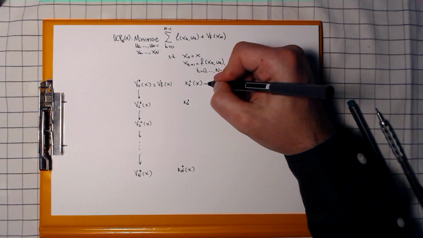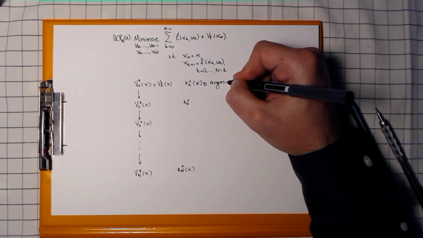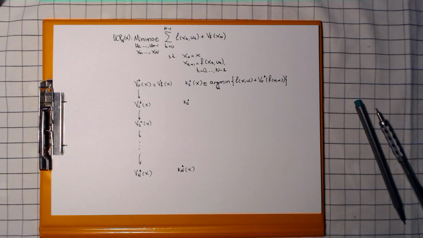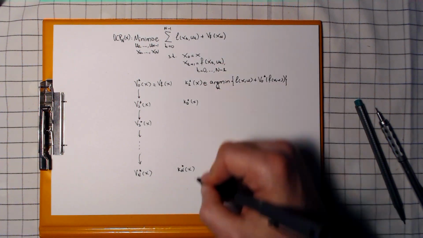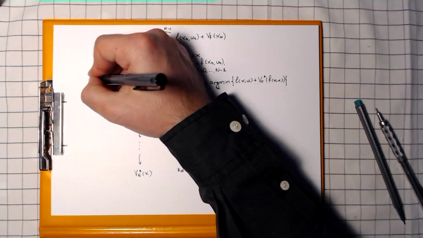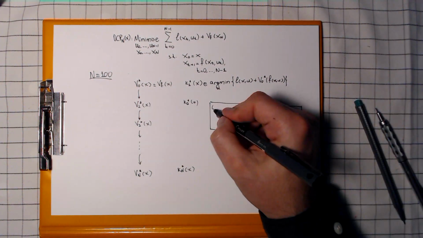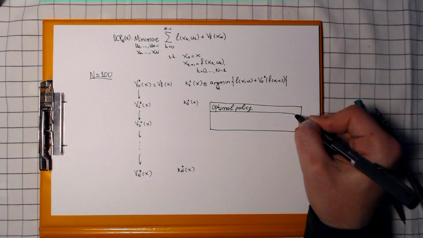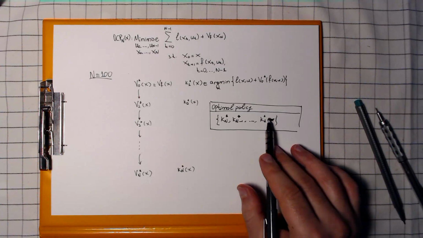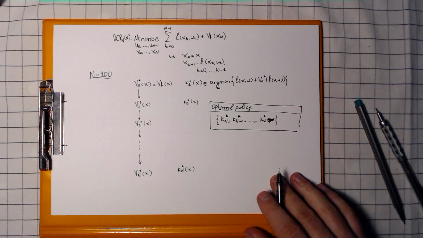So for example, kappa 1 is, let me remind you, an element of argmin. Suppose you have done all that, you have kappa 1, kappa 2, up to kappa n star, and you have done that for n equals 100. You can tell confidently that you have an optimal policy, kappa n star, kappa n minus 1 star, down to kappa 1 star, as functions, not for a given value of x, just as functions.